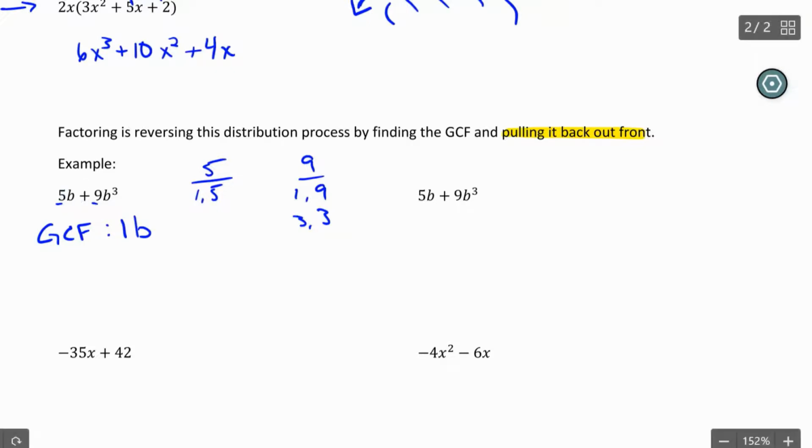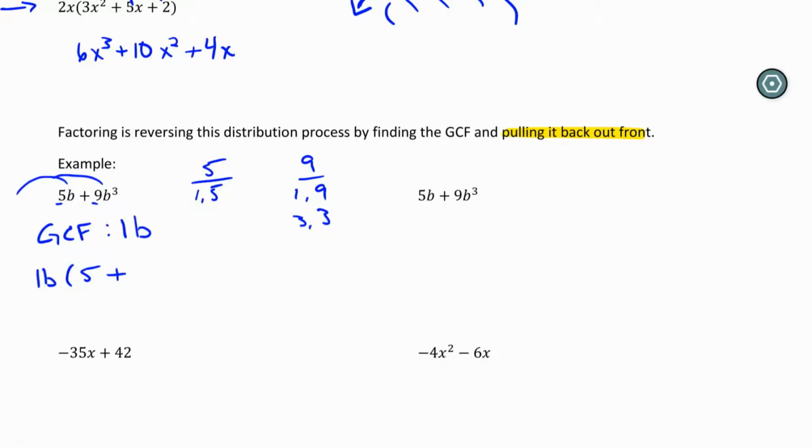Okay, so if my greatest common factor is 1b, I need to divide it out of each of these. So 5 divided by 1 is still 5. And b divided by b is just 1, so no b's left over next to that 5, just 5.